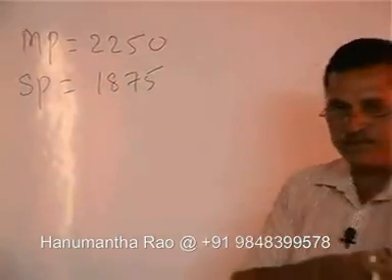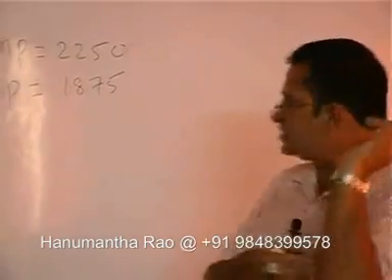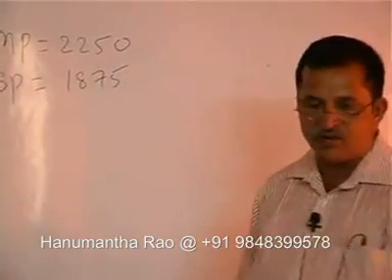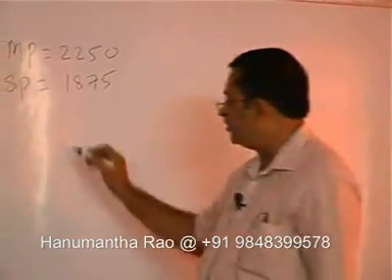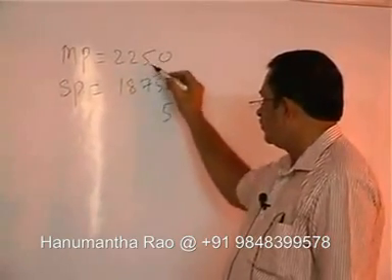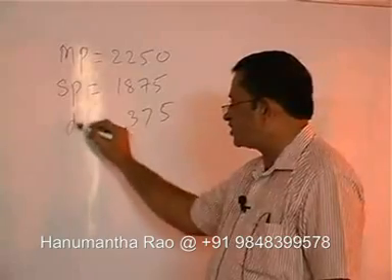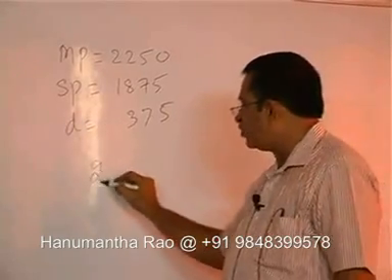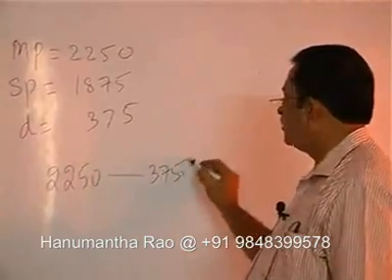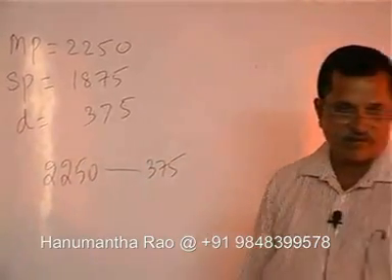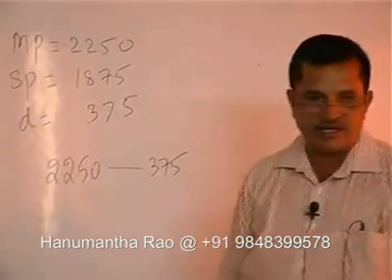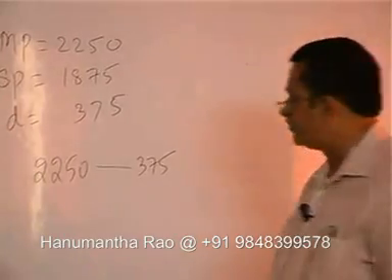When you enter the shop, he told the rate as 2250 and sold for 1875, so how much reduction has he given? 375 discount is given. For 2250, 375 rupees was reduced.